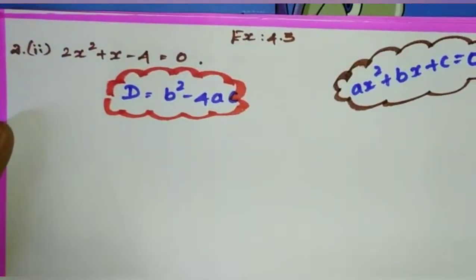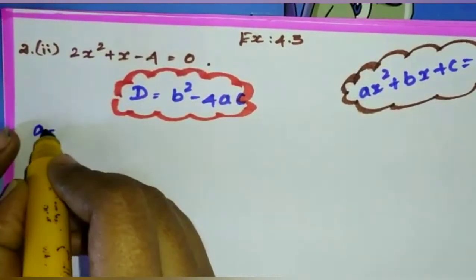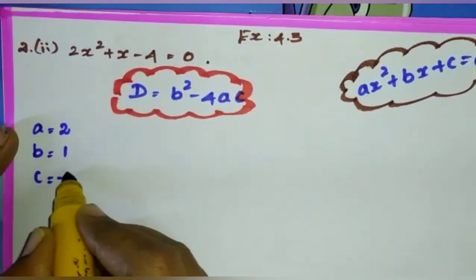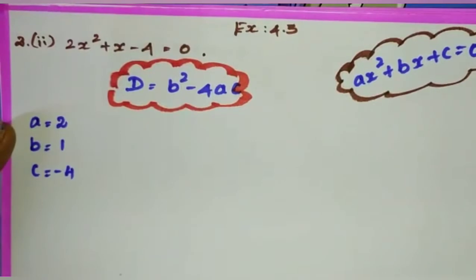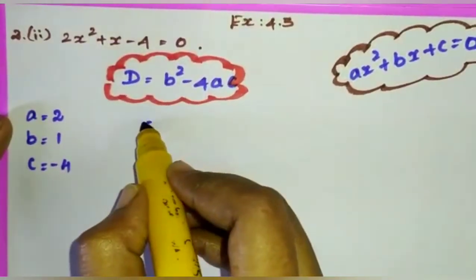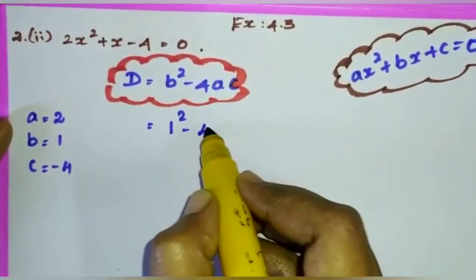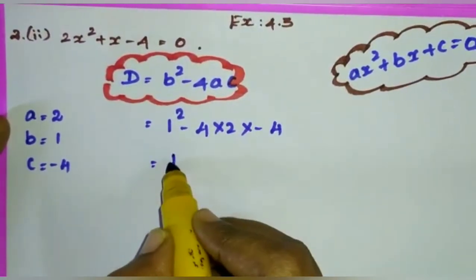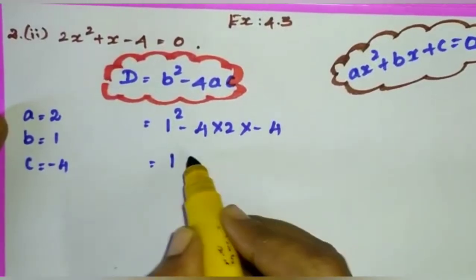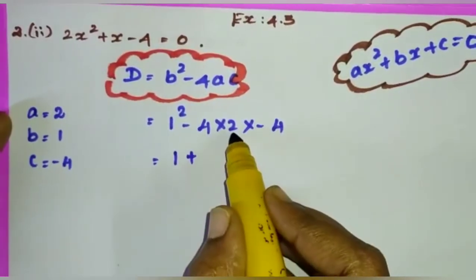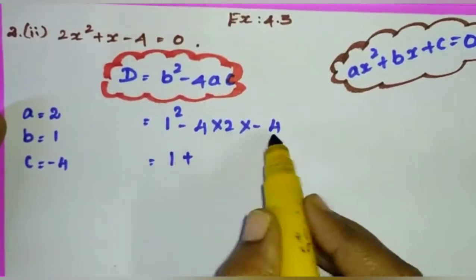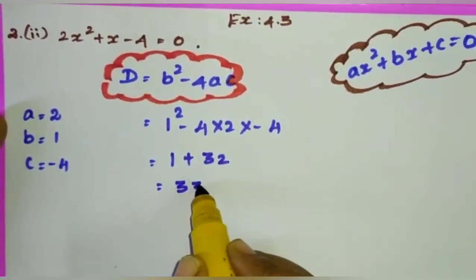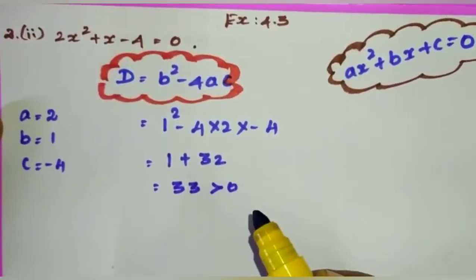Okay, so a is equal to 2, b is equal to 1 and c is equal to minus 4. b square, 1 square, minus 4 into 2 into minus 4. 1 square is 1, minus into minus is plus, 4 2s are 8, 8 4s are 32, 32 plus 1 is 33, that is greater than 0.